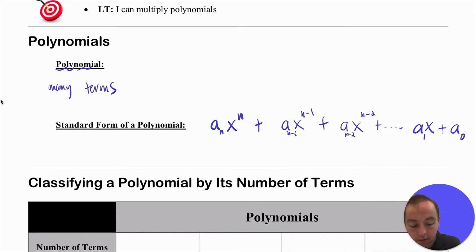So that's exactly what the standard form of a polynomial is: you need to make sure that you have the highest exponents at the beginning, and then it goes in decreasing order from there.